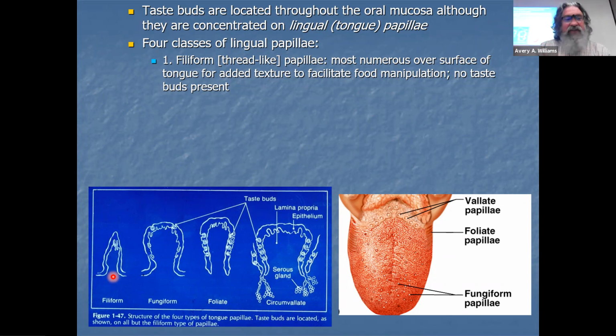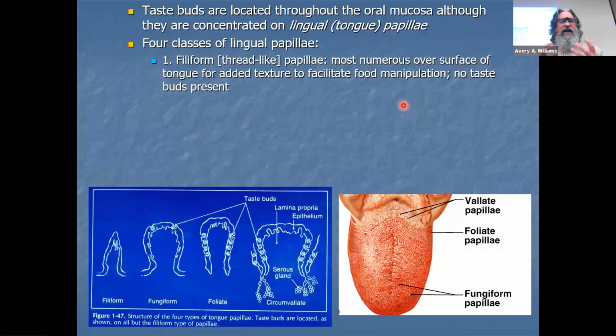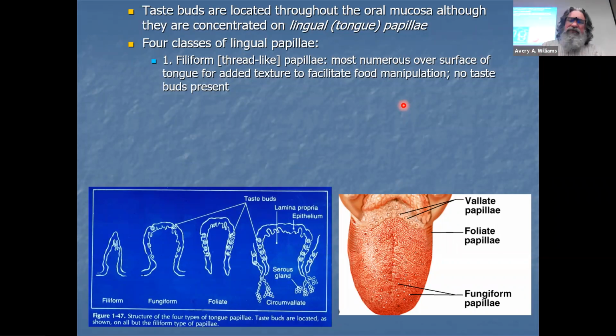Get it? Filiform, like a filament thread. These are the most numerous over the surface of the tongue, and they're added to the tongue for texture to facilitate food manipulation. So that's why they're there, to give a nice sandpapery kind of substrate to grip and manipulate the food.